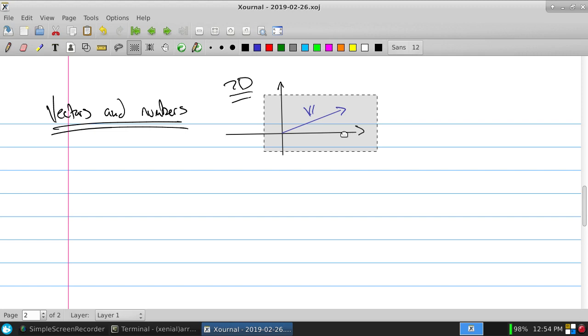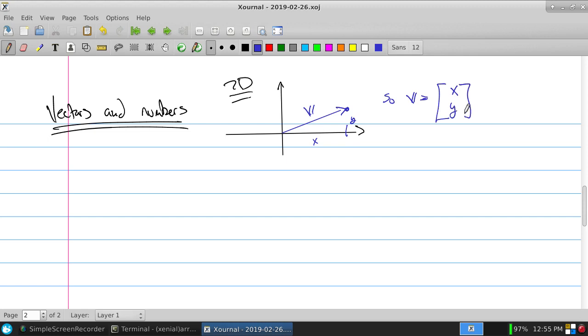Doesn't matter where it's at, so I'm just going to put the tail at the origin. If I put the tail at the origin, and that's true for all vectors, then the most defining quality of a vector is going to be the head, which will have two values, say x and y. And so then what would happen is vector v could be represented by the two metrics x and y.